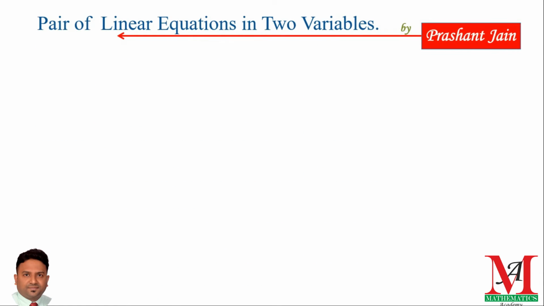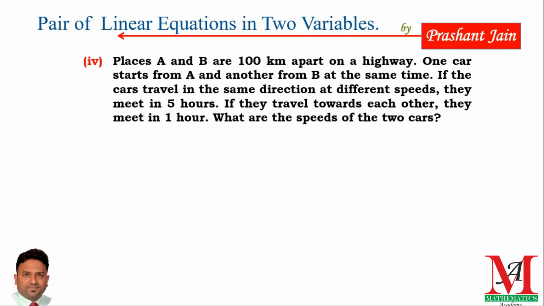Now moving towards the next question, which you will see on your screen. After reading it you will find that it is a speed, distance and time question, and these are the most important questions. Actually, this question is also very important. So what we need to do is make assumptions, as we need to find the speed of two cars.